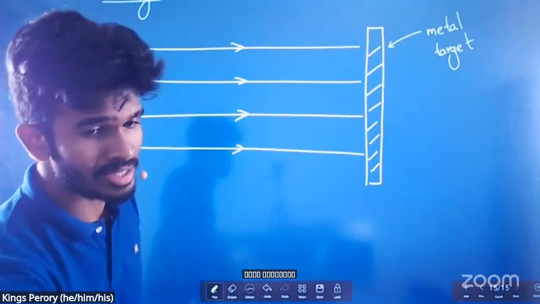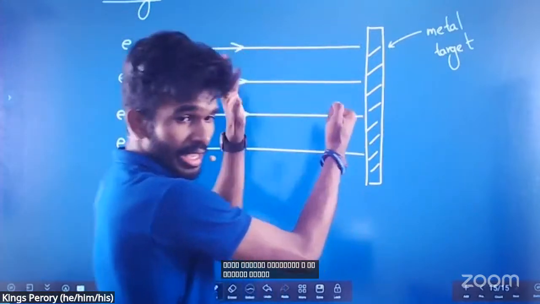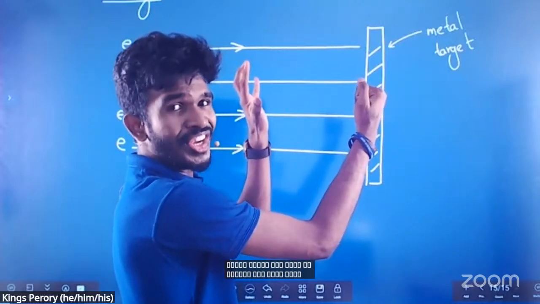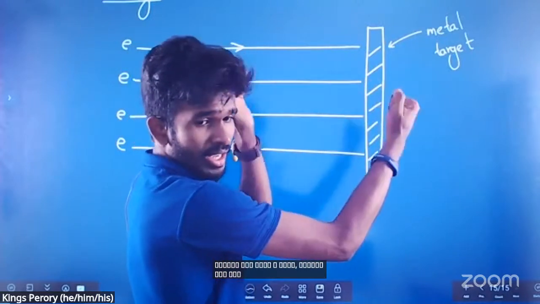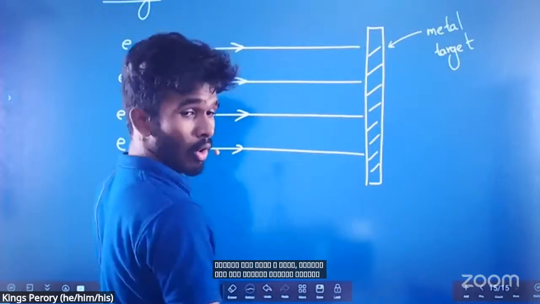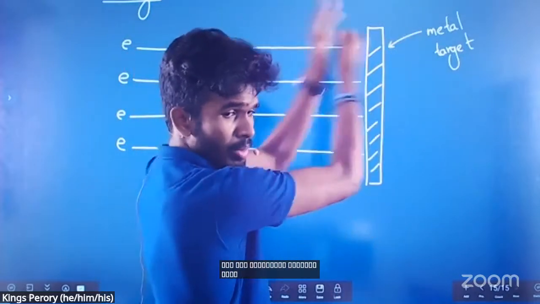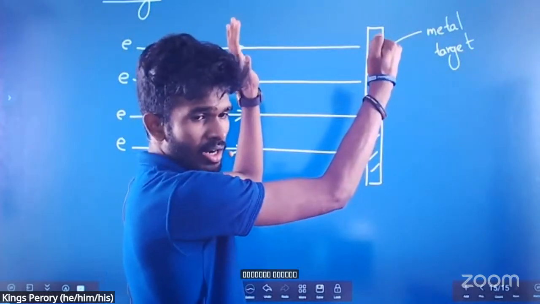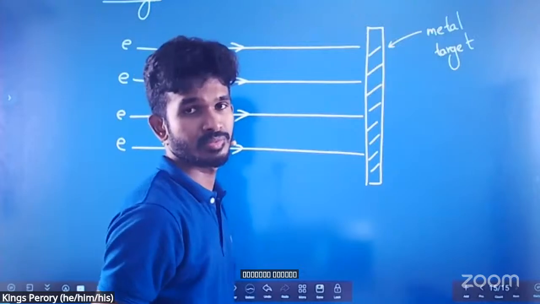When it collides, the electron is coming with a very high speed. It has a high kinetic energy. All that kinetic energy should be stopped by the metal target. The metal target should stop all that energy.